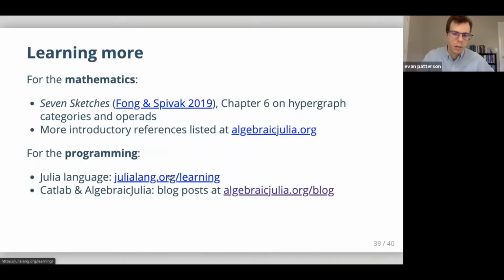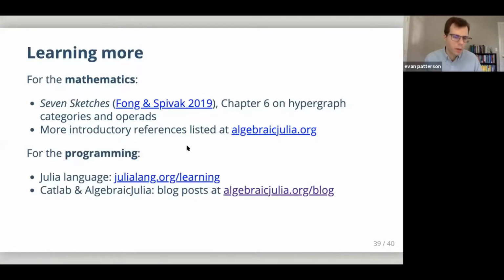So to conclude, I'll point you to some additional resources if you'd like to learn more. For an introduction to the mathematics of hypergraph categories and a bit about operads and wiring diagrams, Chapter 6 of Fong and Spivak's Seven Sketches is a good place to start. And we have more introductory references listed at our website.